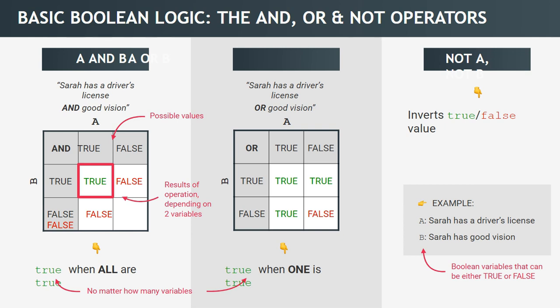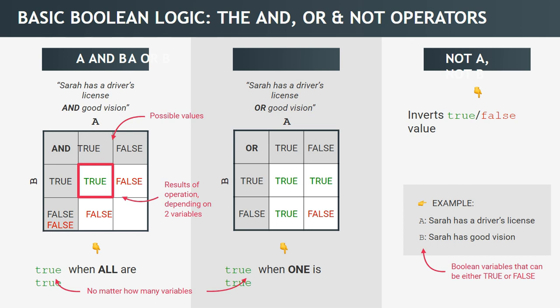So in this second condition, Sarah is allowed to drive even when not having a driving license. Sarah doesn't necessarily need to have a driving license, but she must at least have a good vision to be allowed to drive.